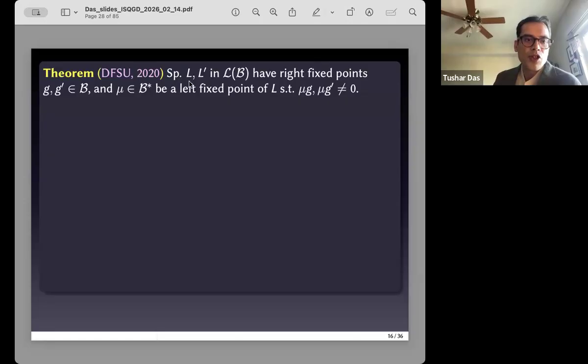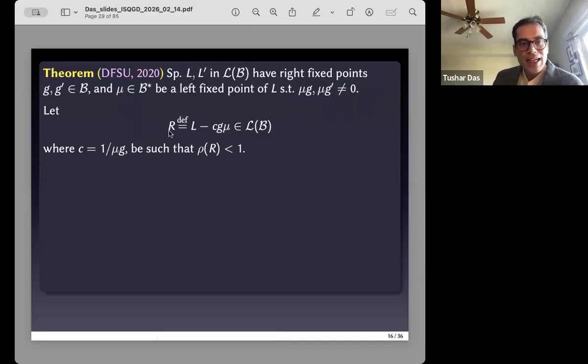So L of G equals G, L prime of G prime equals G prime. And let's assume also that L has a left fixed point mu. So mu L equals mu. And then we have this normalization. We assume that mu G and mu G prime aren't zero.